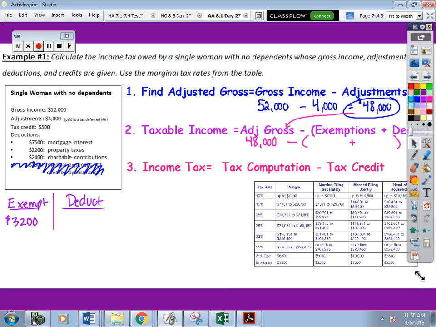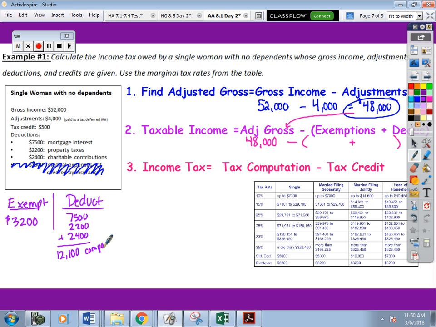So let's go ahead and add up all of these numbers. And we get $12,100. Now, in your notes, jot down compare to the standard deduction.